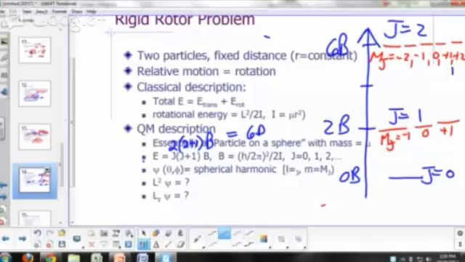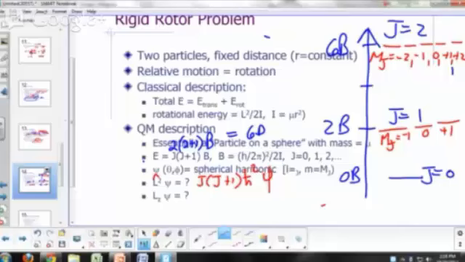What's L squared psi? What's the square of the angular momentum of your rigid rotor? Same as before. It's going to be J times J plus 1 times h bar squared, and it gives you back psi, right?